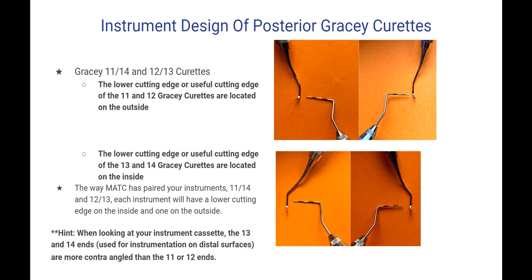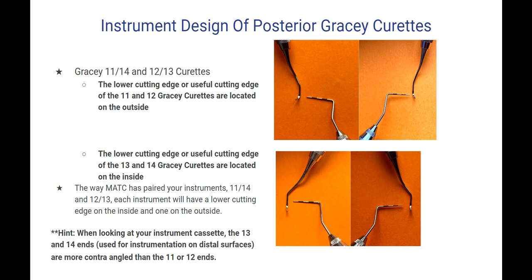The probe is pointing to the outside. The lower cutting edge or useful cutting edge of the 13 and 14 Gracey curettes is located on the inside. The inside cutting edge is closer to the handle, as is shown on the bottom two photos. The probe is pointing to the inside.